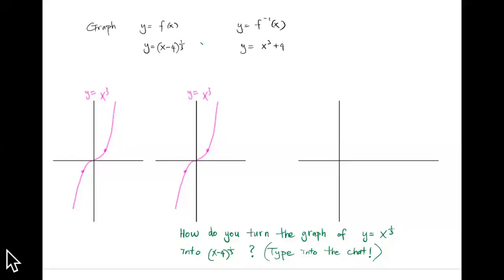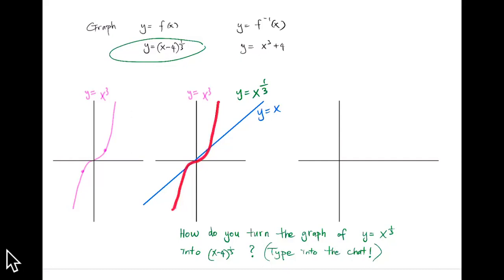Next, I will draw this graph. First, I will draw the graph of y equals cube root of x. I draw this diagonal line, y equals x, and I reflect all of the points of this graph with respect to this line.